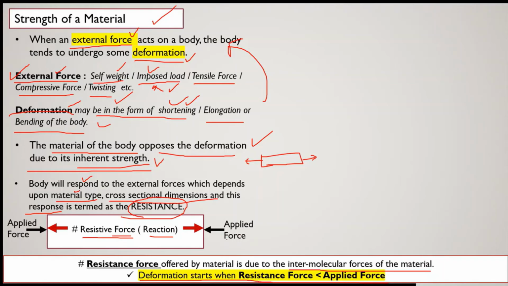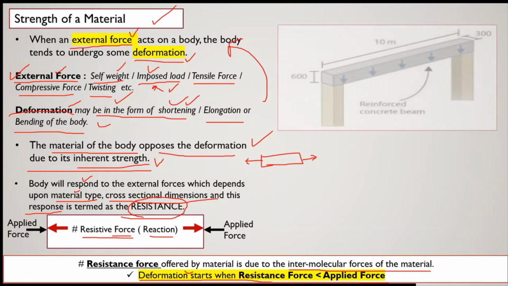And if you are applying tensile force, then it will elongate. That means the member is getting deformed. So deformation starts when your applied force is more than the resistive force.